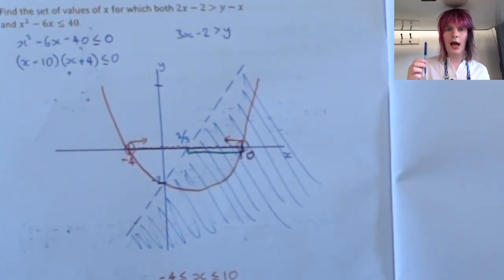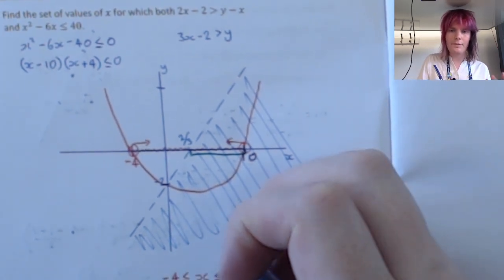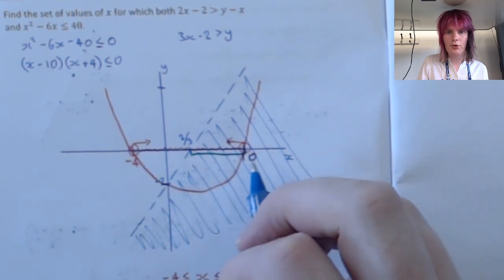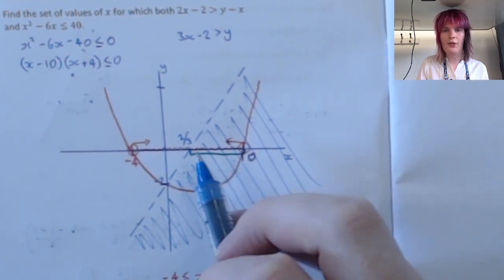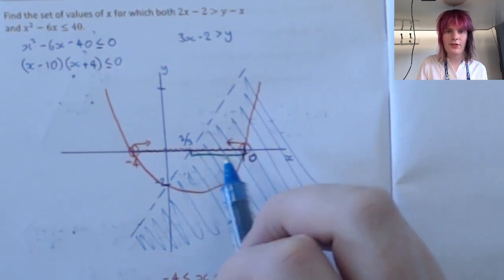What we can do as well is constrain this. We're intersecting minus 4 to 10 with this 2 over 3 and 10. So this section here.